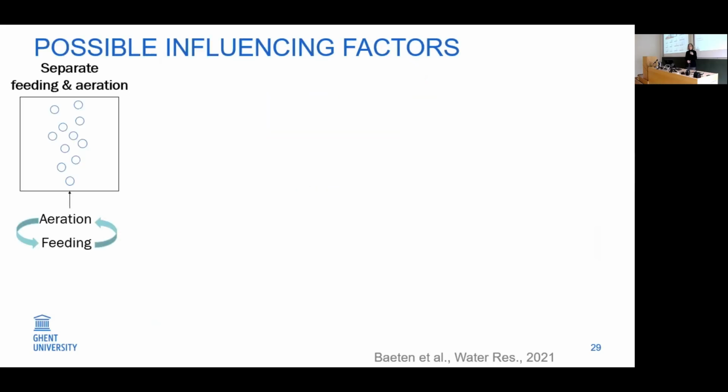Well, there are a few reasons why the behavior of aerobic granular sludge reactors is different from the one of conventional activated sludge systems. First of all, aerobic granular sludge reactors are operated in a cyclic way. Feeding and aeration does not take place at the same time, and this may have some implications.